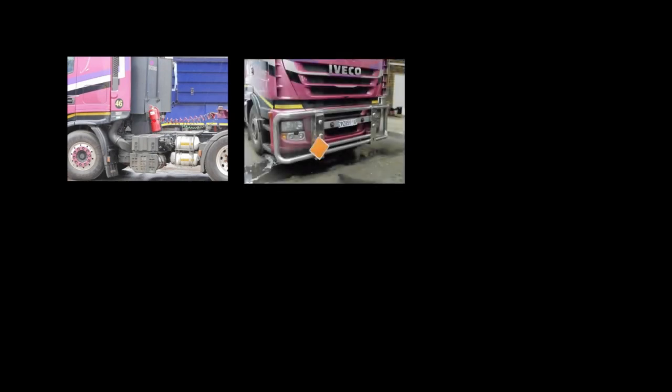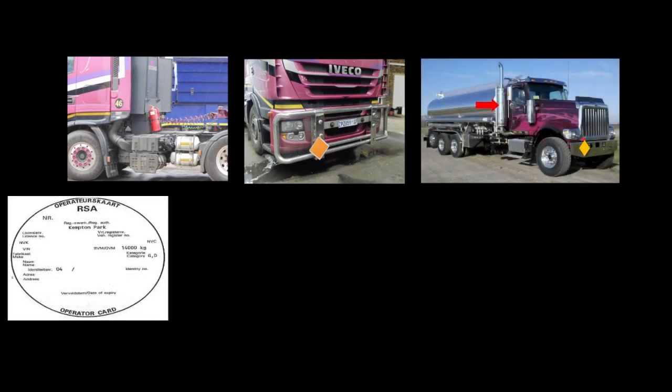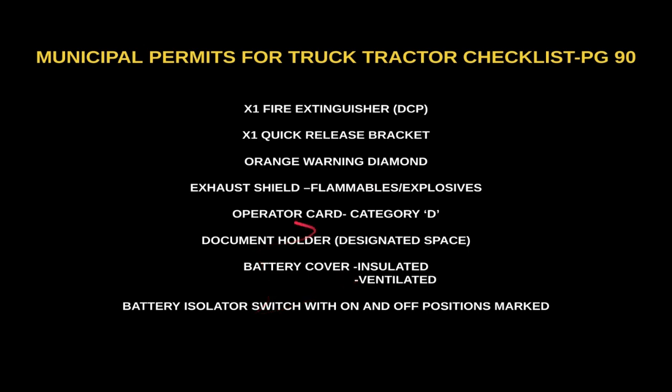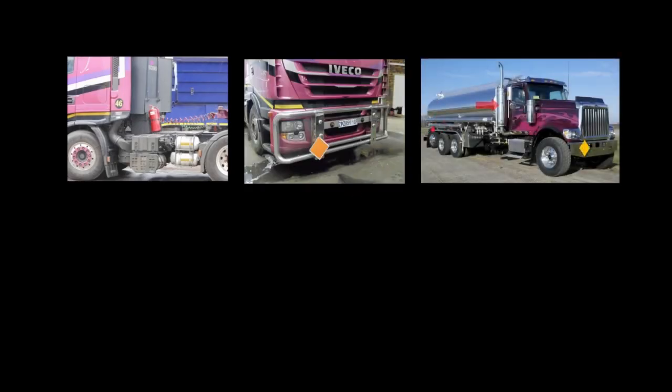So here we can see there's 1 fire extinguisher with a quick release bracket. Here we can see this is a bigger vehicle which still has the appropriate hazard warning diamond over here. Here we can see the diamond warning again, and here we can see what they were talking about regarding the exhaust shield, to make sure that it's not flammable explosives, because if the exhaust can cause sparks, we don't want any sort of fumes igniting in vehicles such as these.